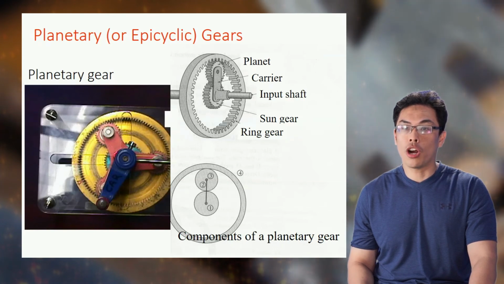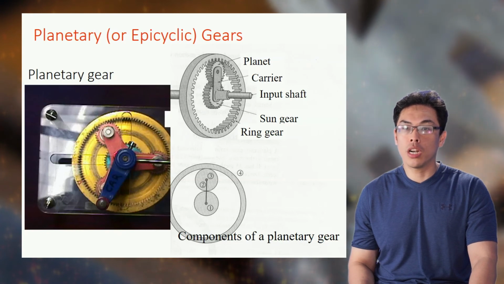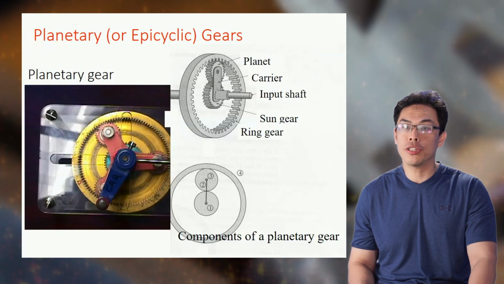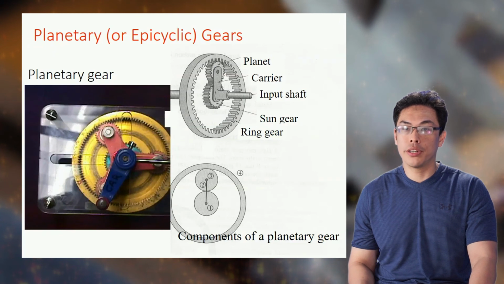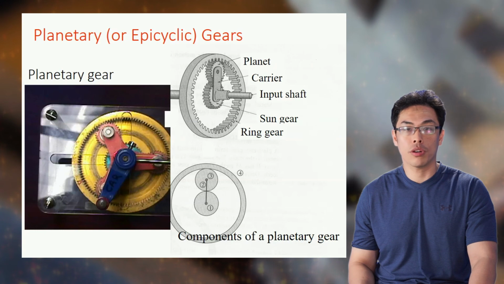Planetary gears are used to achieve large speed reduction in compact space. Planetary gears can achieve different reduction ratios by holding different combinations of gears fixed. Planetary gears are used in automatic transmissions of cars.